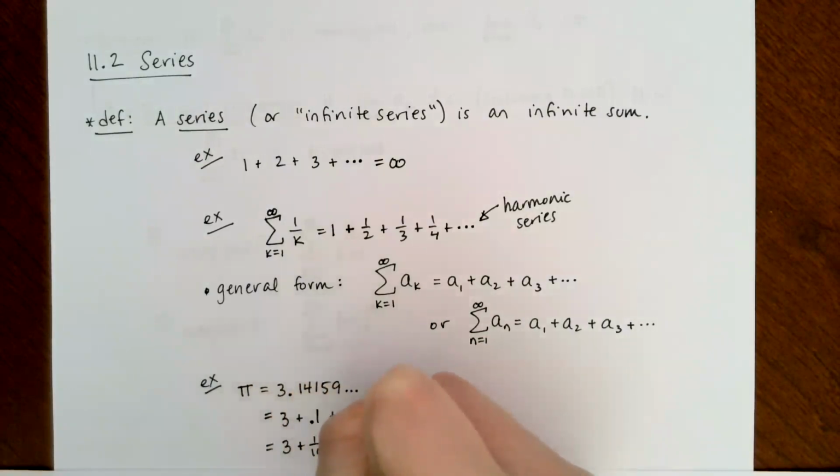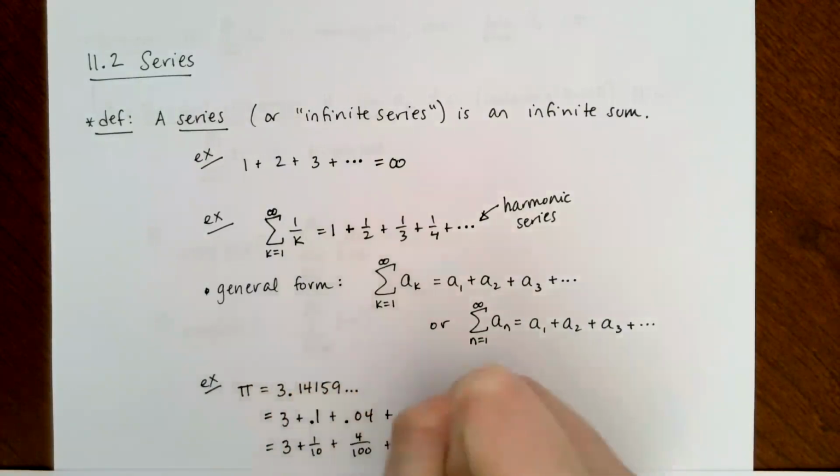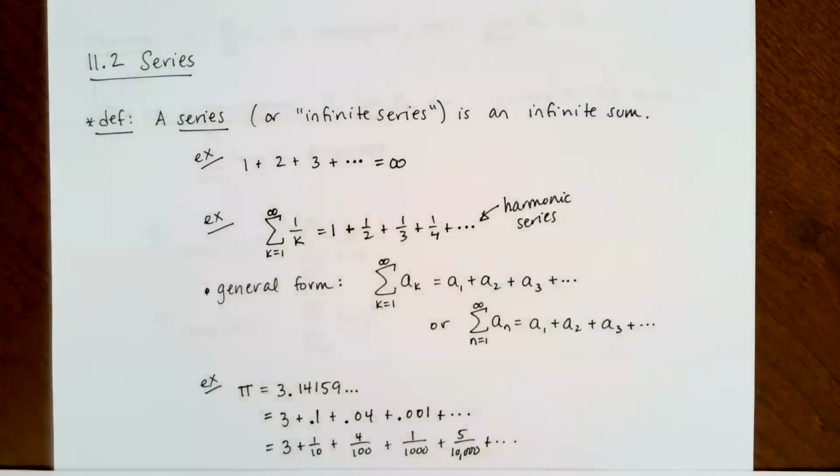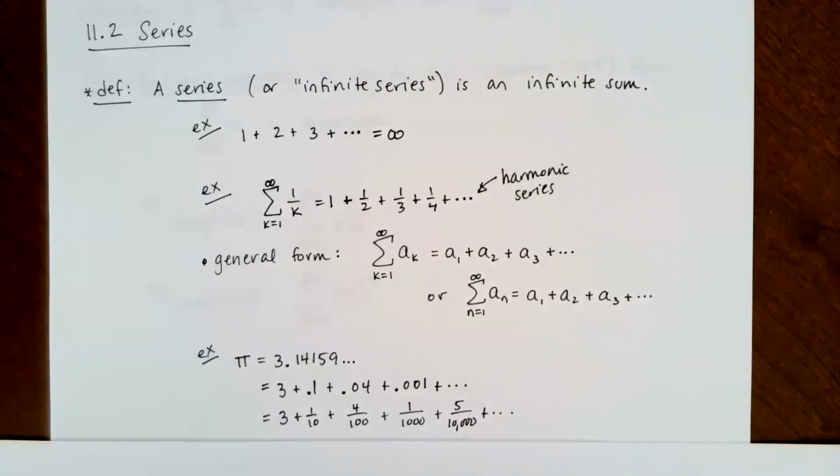So that's 1/10. This is 4 out of 100. 1 out of 1,000. The next would be 5 out of 10,000, and so on. So the number pi, because it's a never-ending decimal, actually is an infinite series. And we can see these really do add up to whatever this exact number is.